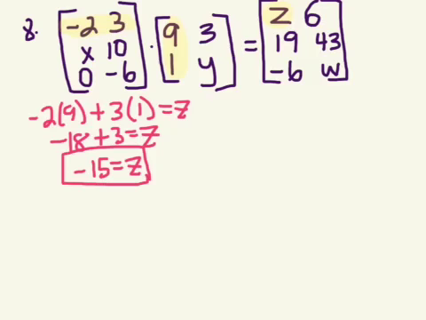Alright, so we're going to do that again. This time we're going to multiply this first row by the second column, and that's going to give us the first row, second column value in the new matrix.